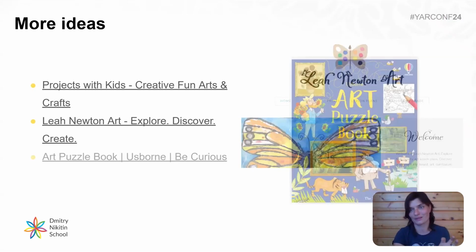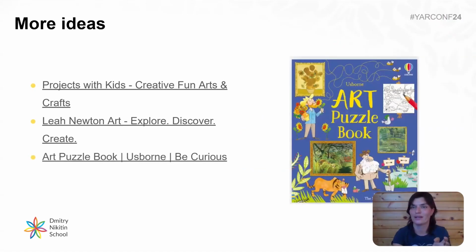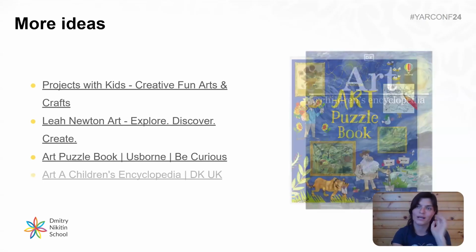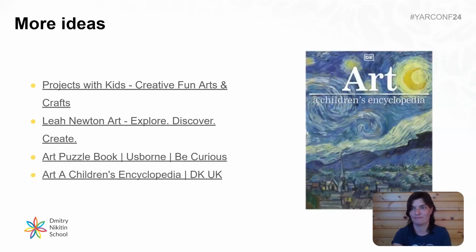Number one is Art Puzzle Book, and there you can find puzzles based on different famous paintings. So ready to use, just make a copy. Number two is a must-have, which is called Art Children Encyclopedia. And I do believe this is a must-have because this book takes you from cave painting to the modern art.